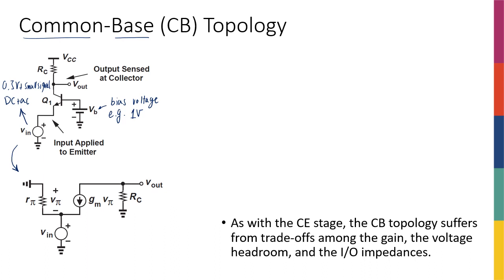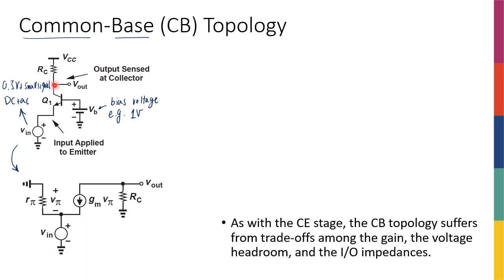Now, since VB is a DC voltage, when it comes to small signal analysis, it is an AC ground. That's why we connect the base side to ground. As for the emitter, it is connected to Vin, so I connect the emitter to Vin.